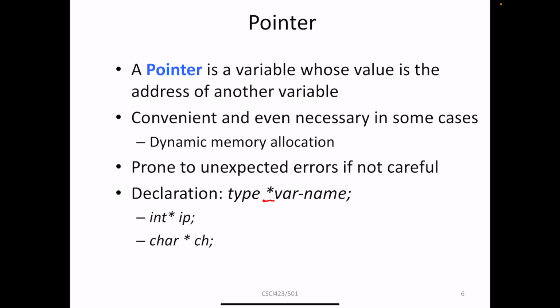And also, you need to specify the value type where the pointer will point. And here, we have two real examples. In the first one, we define a pointer that points to a value with an integer type. And in the second one, we define a pointer that points to a value with a character type.